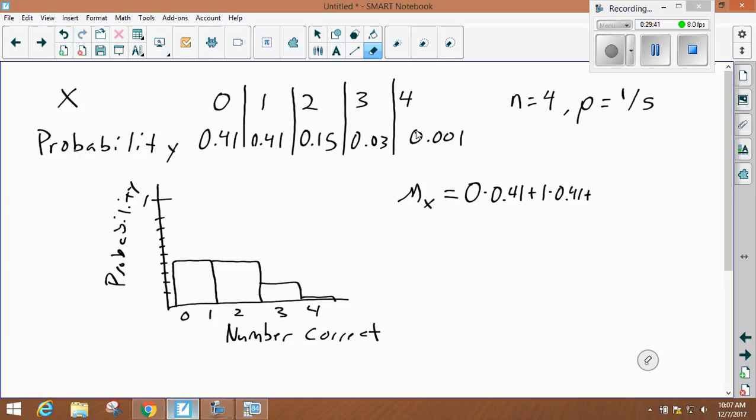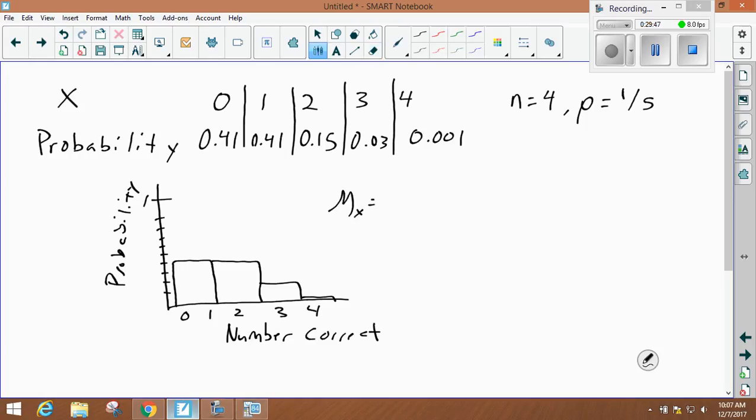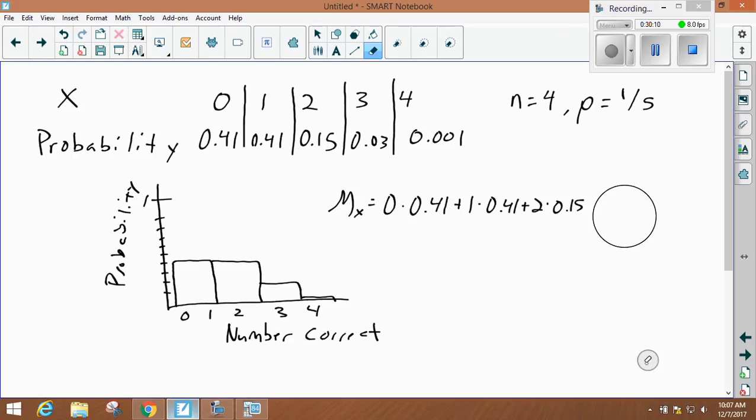I'm going to run out of room, so I'm not going to change anything that I wrote. I'm just going to write it over here. 3 times 0.03.